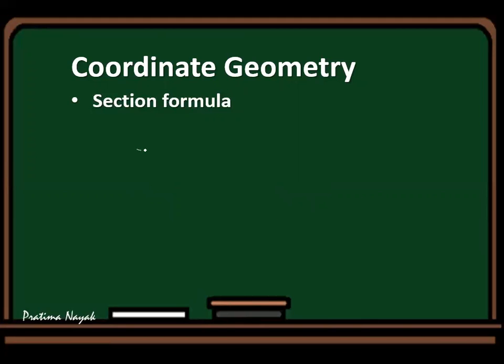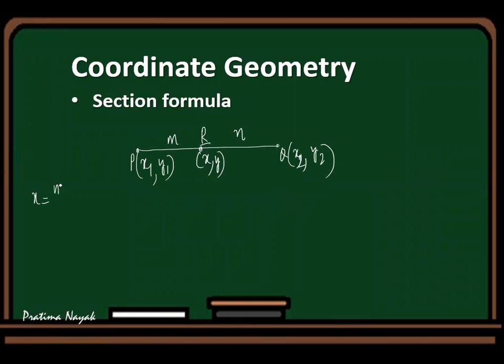Similarly, for section formula, if there are 2 points x1 y1 and x2 y2, and a point R divides this line segment in the ratio m is to n, we write the coordinates of R as x is equal to (mx2 plus nx1) upon (m plus n), and y is equal to (my2 plus ny1) upon (m plus n).